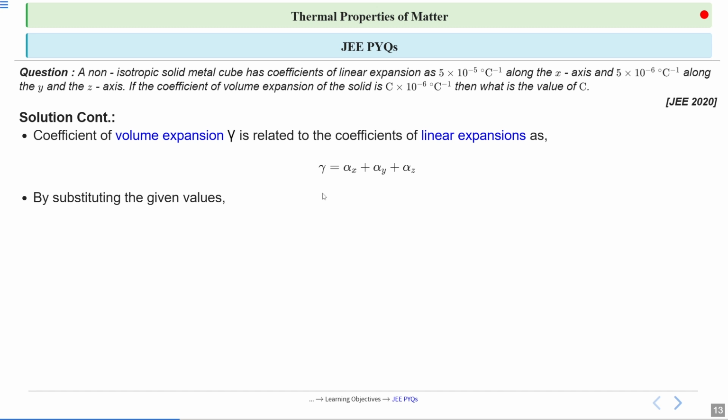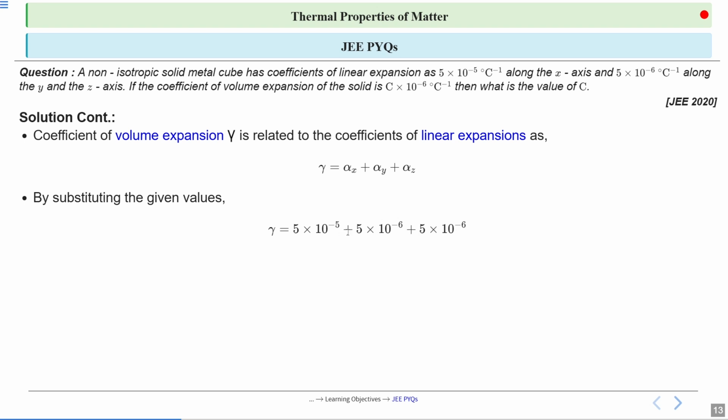By substituting the given values in the above expression, it will be 5 into 10 raised to the power minus 5 plus 5 into 10 raised to the power minus 6 plus 5 into 10 raised to the power minus 6. Now look here, the powers are different: 10 raised to the power minus 5, 10 raised to the power minus 6 and 10 raised to the power minus 6.